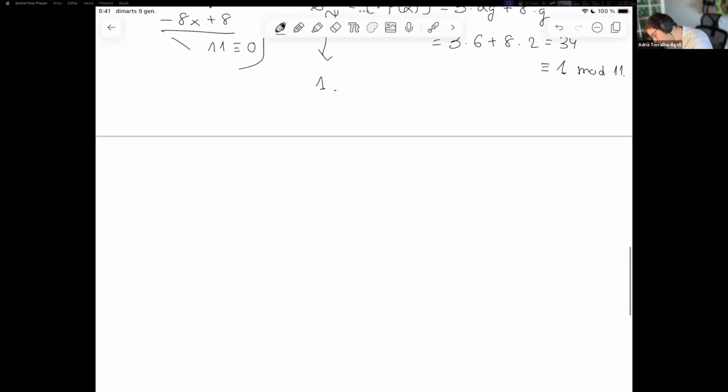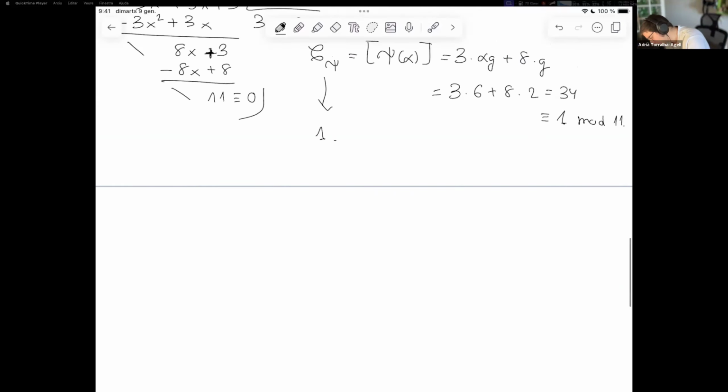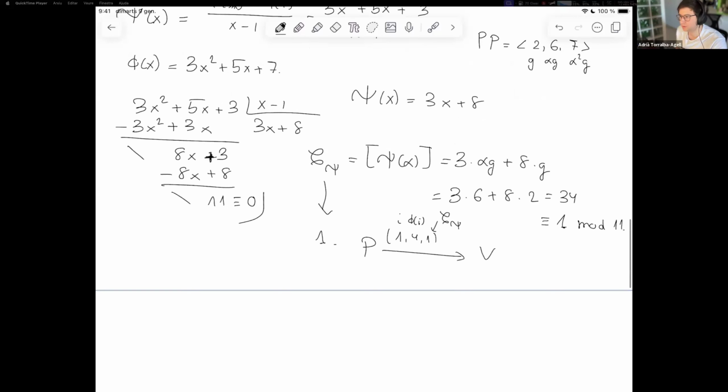So in this step, the prover sends to the verifier 1, 4, 1. This is I, this is phi of I, and this is the commitment of C. Right? Everything is clear so far?